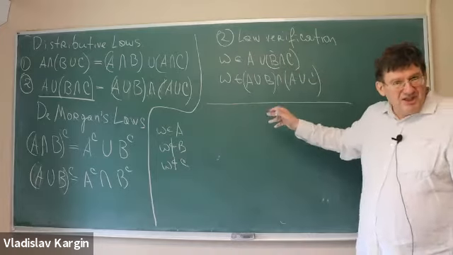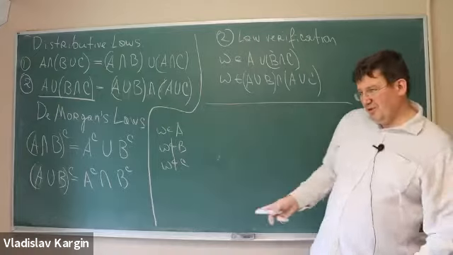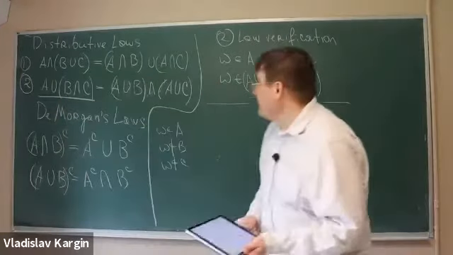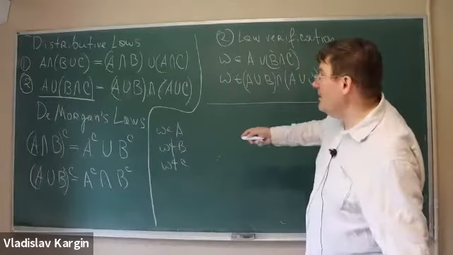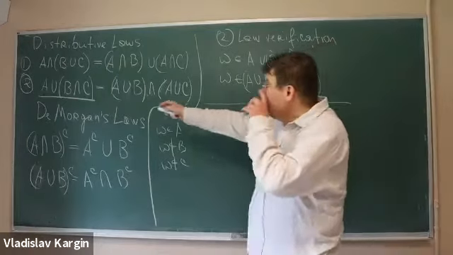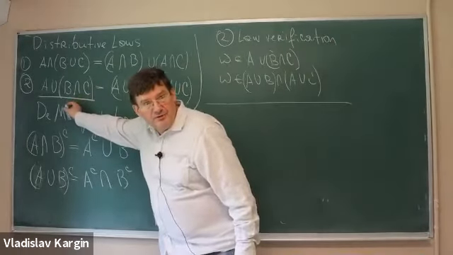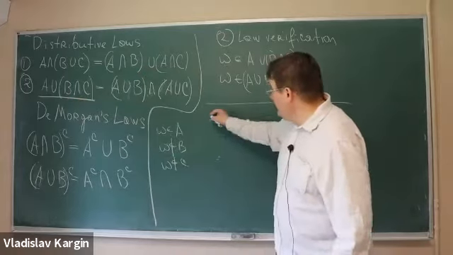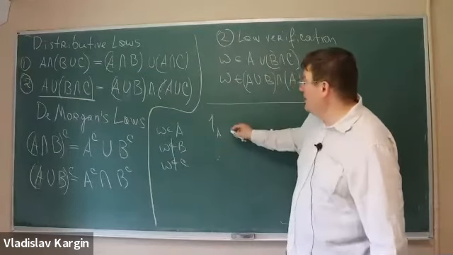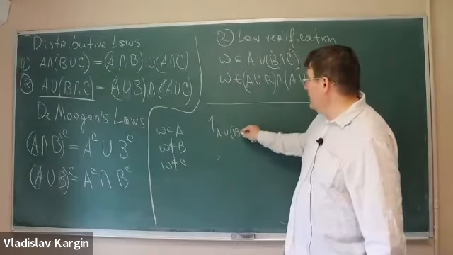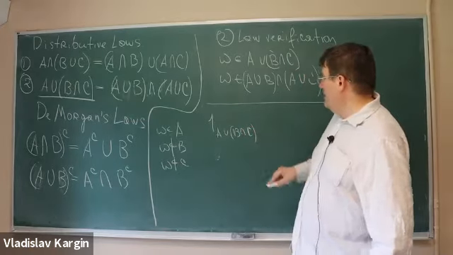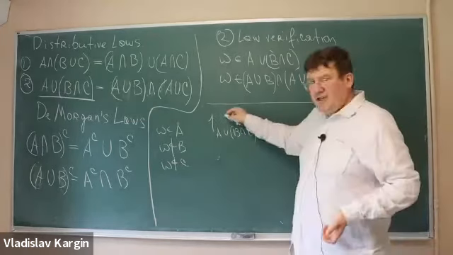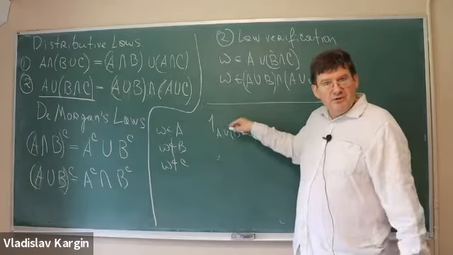Let me write it. Let us write the indicator function for A union B intersect C. I will not write omega because it's understood; this is a function.